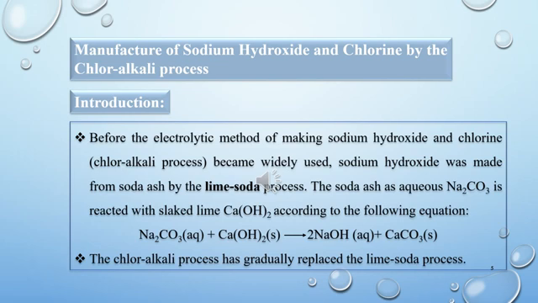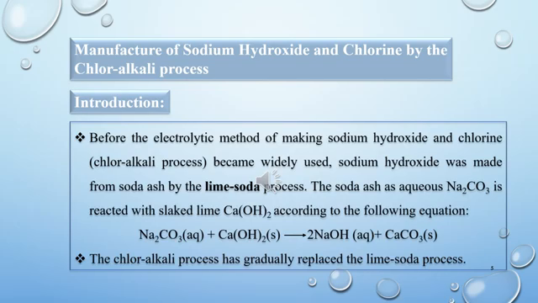Before the electrolytic method of making sodium hydroxide and chlorine, the chlor-alkali process became widely used. Sodium hydroxide was made from soda ash by the lime soda process. This soda ash as aqueous Na2CO3 is reacted with slaked lime, Ca(OH)2, according to the following equation.